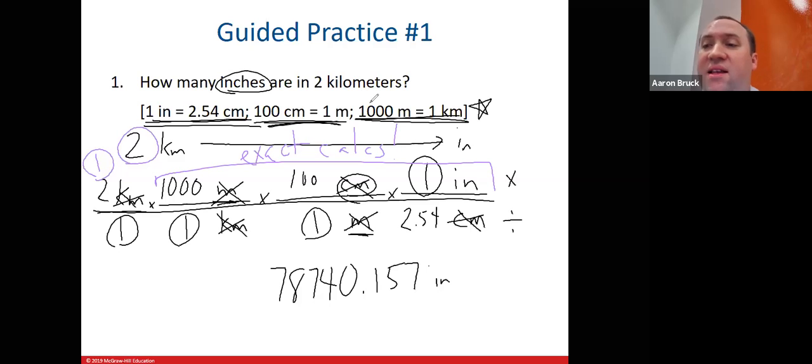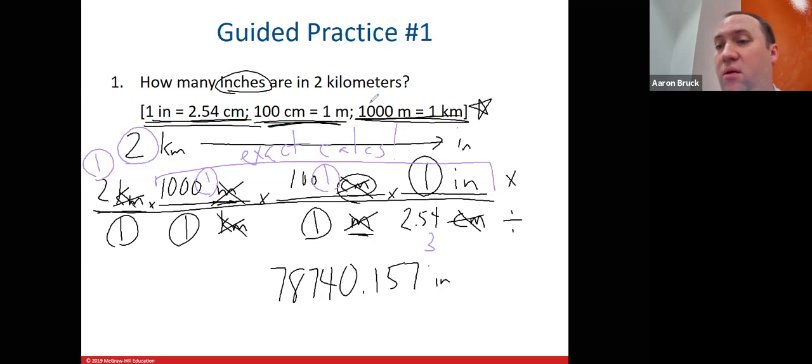And if we have exact calculations, defined values like these, they don't actually impact significant figures at all because they are said to have an infinite number of significant figures. If I have something that is exact, then it has an infinite number of significant figures. We can base our number on other things entirely. So the 3 sig figs in 2.54, the 1 significant figure in each of the metric conversions actually are immaterial because they have an infinite number of precision.